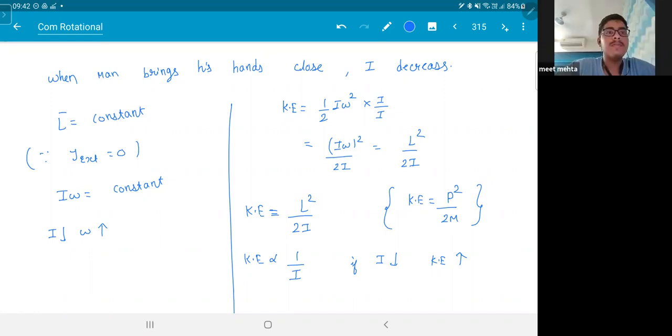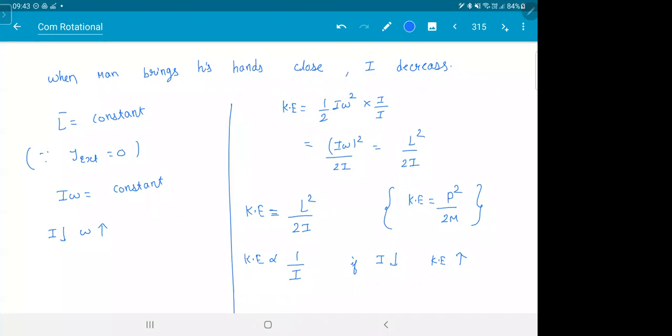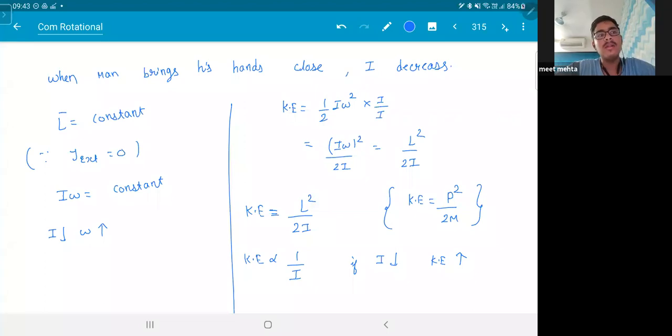Sir, we can also say that they both increase and decrease by the same amount, and omega is squared, so you can say it would increase. Yeah, you can say that. But this thing gives you a better clarity.